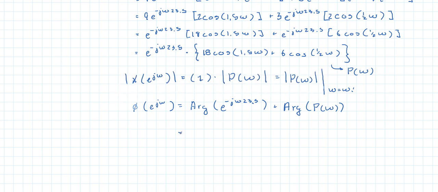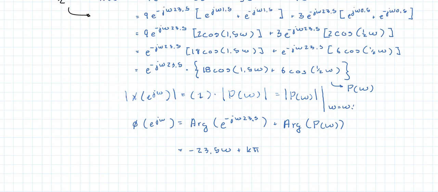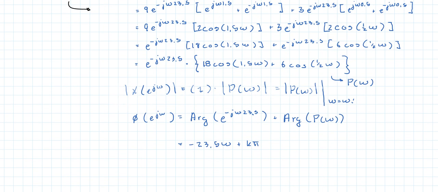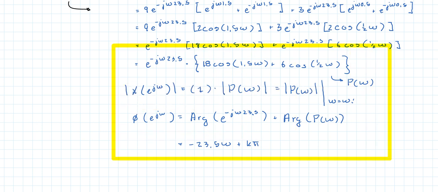So this will be minus 23.5 omega, and the argument for the polynomial is simply some constant k pi. And that's it. I'll highlight the answer, which is all of this.